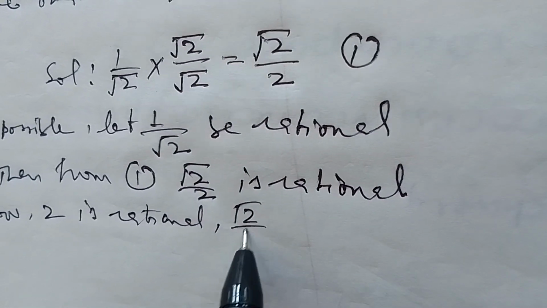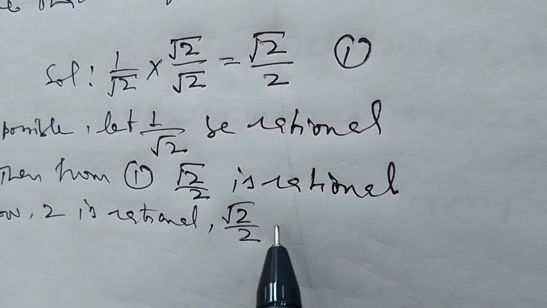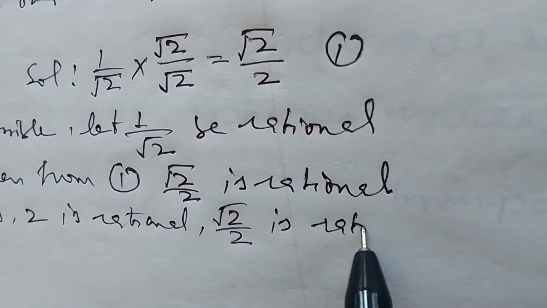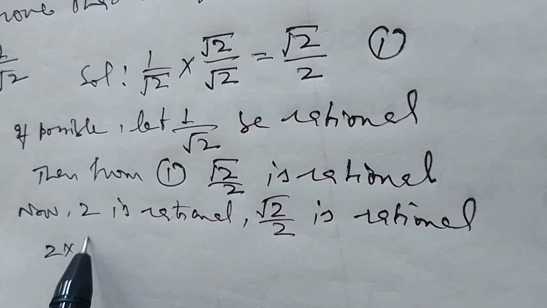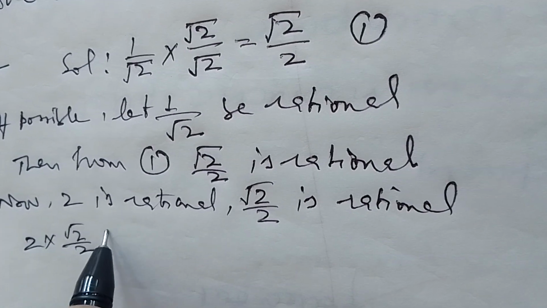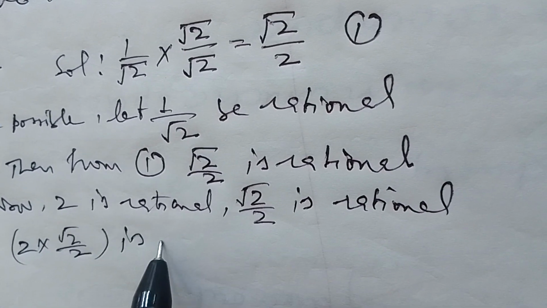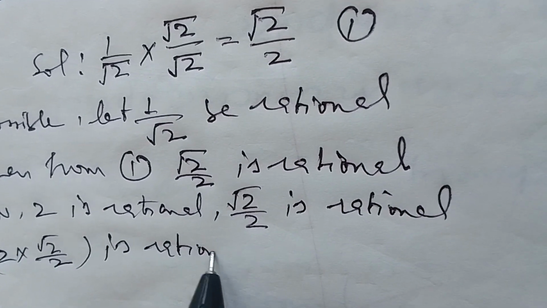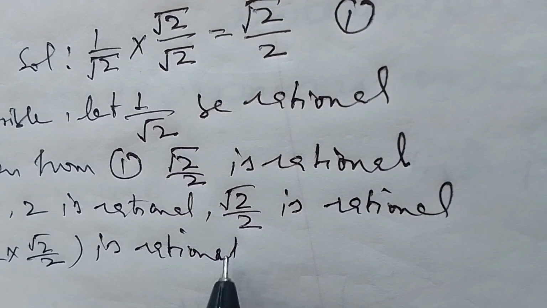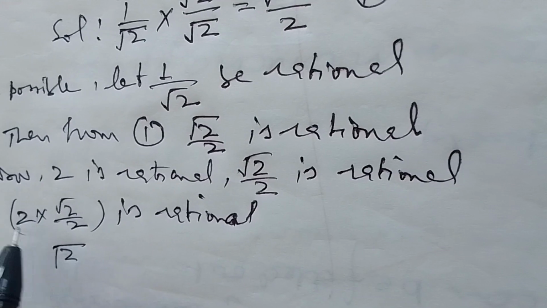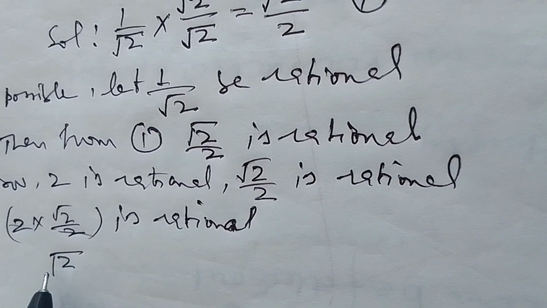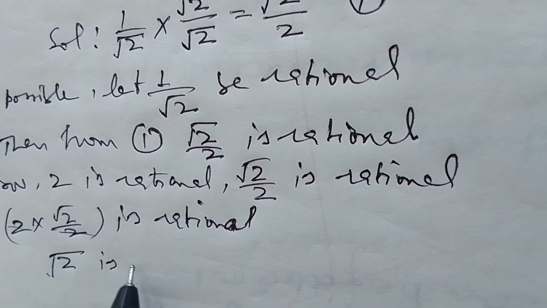Root 2 divided by 2 is rational. 2 multiplied by root 2 divided by 2 is rational. So root 2, because 2 cancelled 2, root 2 is rational.